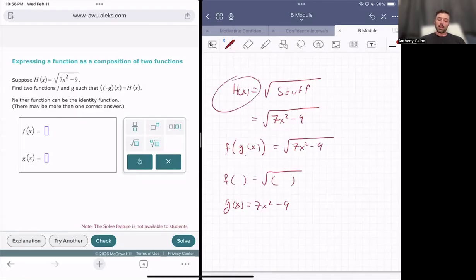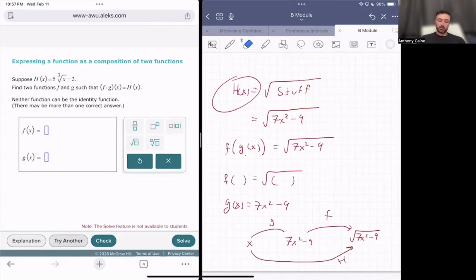So my function h can be broken down into, if I first do g, so now I have 7x squared minus 9, and then I do f, and now I have the square root of 7x squared minus 9. Going from here to here, that's the same as doing h. Okay.